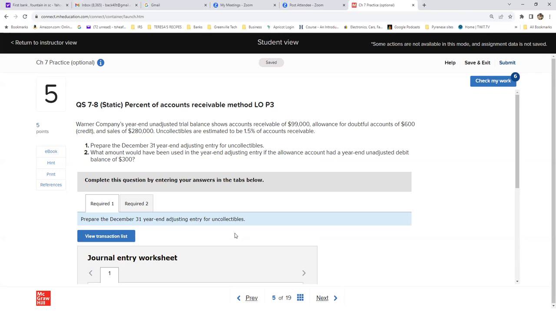So we're going to take 1.5% of accounts receivable, which in this case is, I need to get out my cheat sheet here so I don't have to play on the calculator. Well, it's not telling me what 1.5% is, so I've got to calculate it. Bear with me a minute.